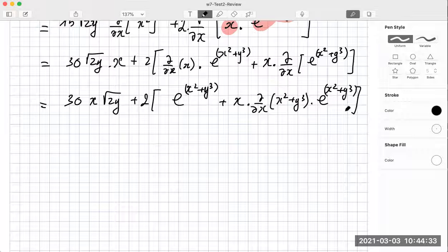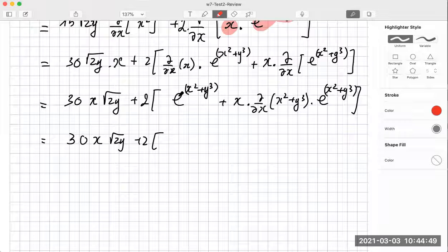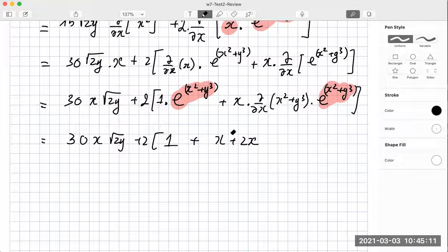Okay, continue. 30 x square root of 2y plus 2, and here will be, so see, this is a like term of the two things. We can factor it out, right? If we factor this out, the first guy will be 1 here, plus x times, here it will be, yes, 2x, times here.